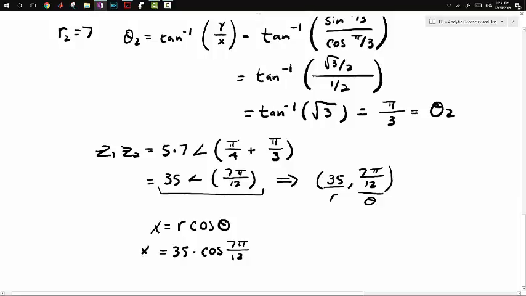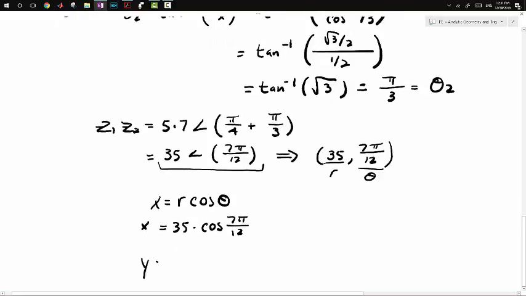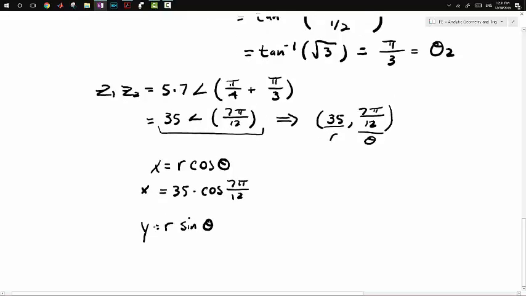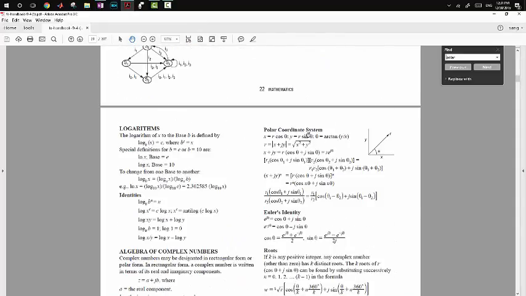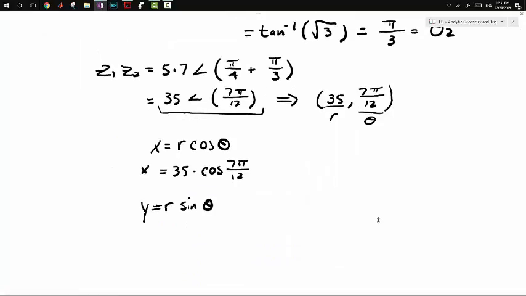And our y is equal to r sine theta. And this is by definition. In one of my previous videos, I talk about this, but you can also find these equations in the section on the polar coordinate system. So y will be 35 times sine of 7 pi over 12.